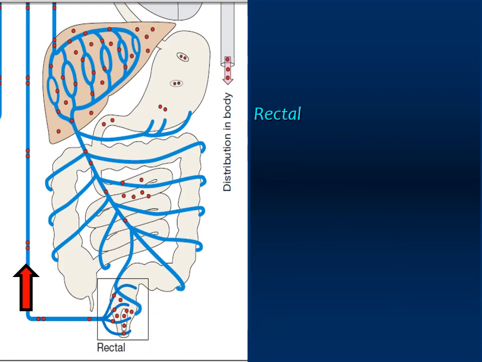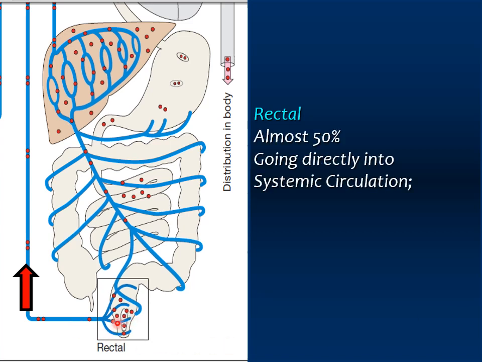Now the rectal route. We know that for the lower half, if the drug is absorbed from here, the molecules enter directly into the systemic circulation, while the upper half will go through the portal circulation into the liver and then the systemic circulation.